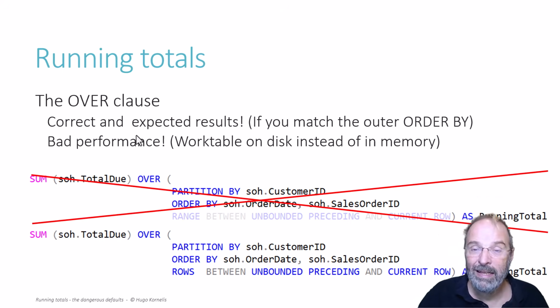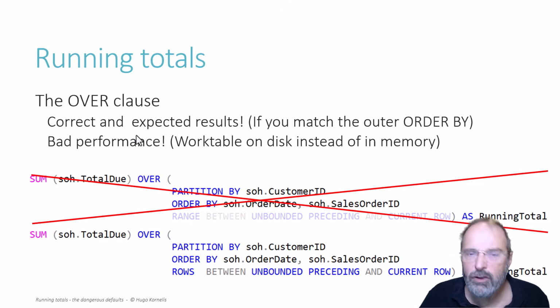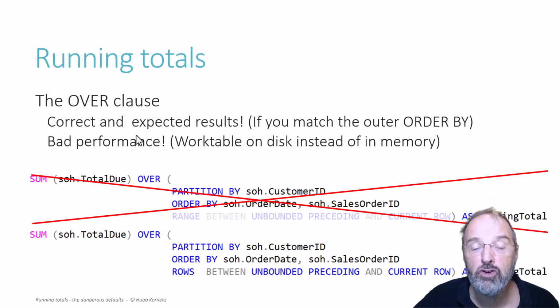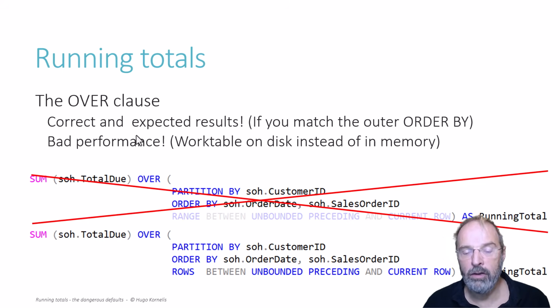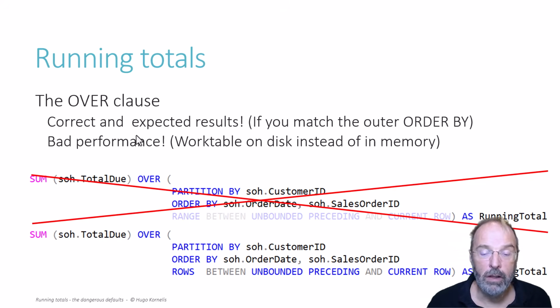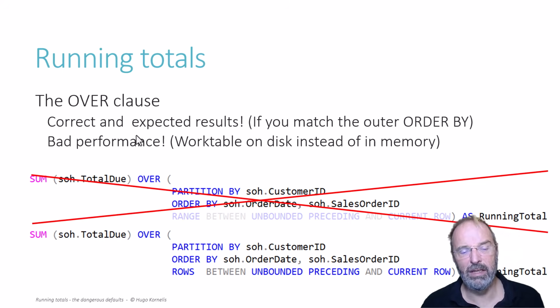And that also means never use the default, because the default saves you some typing, but it gives you the default range clause. The only thing you should do when you need running totals is always specify rows between unbounded preceding and current row. And then the sales order ID tiebreaker column is not even actually needed anymore.